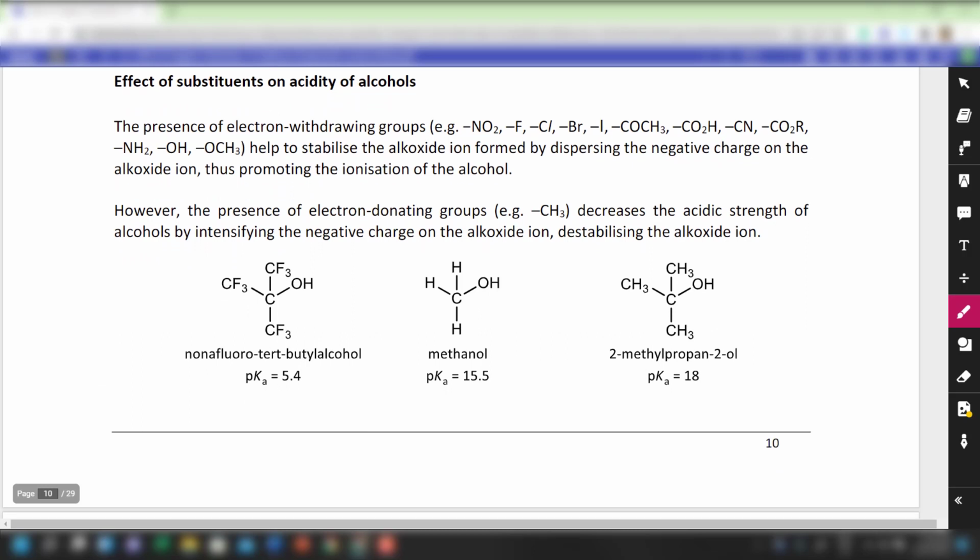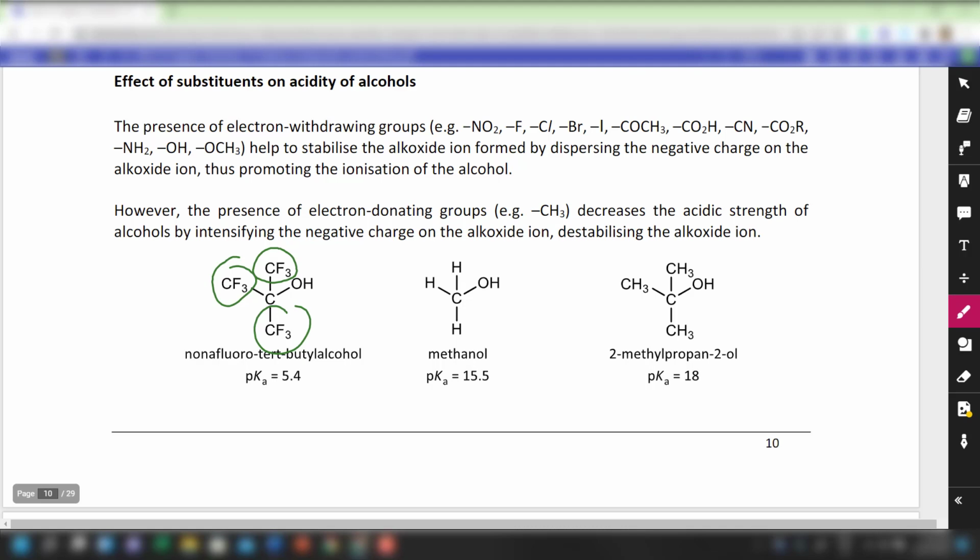Okay, yeah. So if you take a look at this particular small section, say I have an alcohol with an electron-withdrawing CF3 group. It is able to withdraw electron density away from the conjugate base of nonafluoro-tertiary butyl alcohol via the sigma bonding framework.